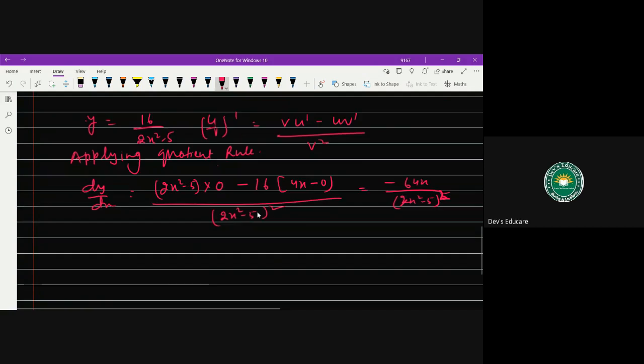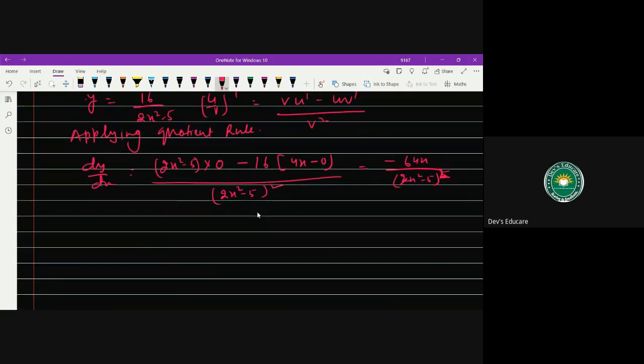We can write it this way also. Suppose we have f(x) into g(x). Using the product rule, the derivative of this will be f(x) into the derivative of g(x) plus g(x) into the derivative of f(x). This is the product rule.